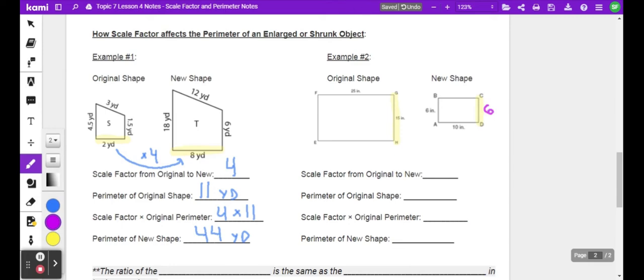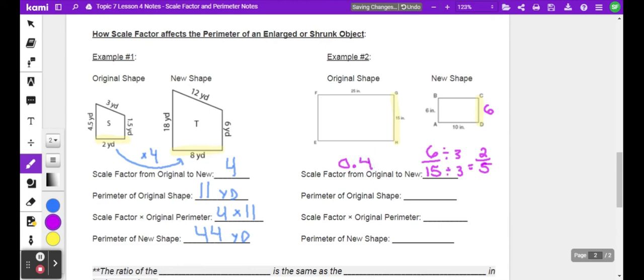So if I use the new over original, that tells me that is going to be 6 over 15. And of course, I can divide those both by 3, which means that the scale factor is 2/5 of the original size. If you want to go ahead and make that 0.4 for multiplication purposes later on, we can certainly do that.